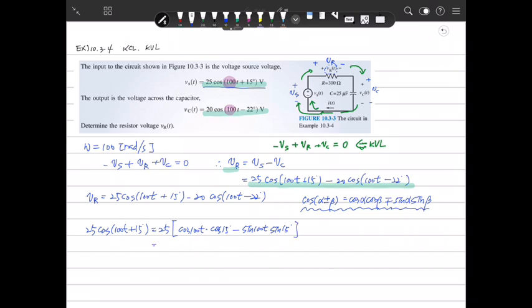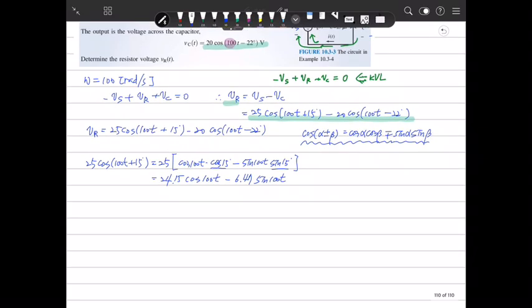So you can recalculate, then cosine 15 and sine 15. That result is 24.15 cosine 100t minus 6.47 sine 100t. To do that, you need the calculator.